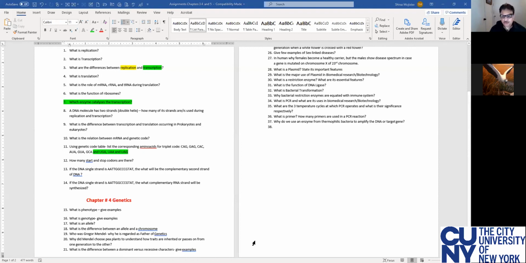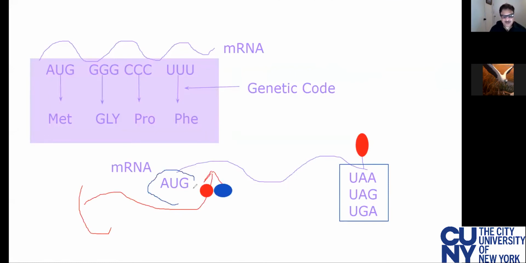I just mentioned to you that in 99.9% of cases, the starting codon is AUG. AUG is called the start codon. There is only one start codon, and it is AUG. But there are three stop codons: UAA, UAG, and UGA.